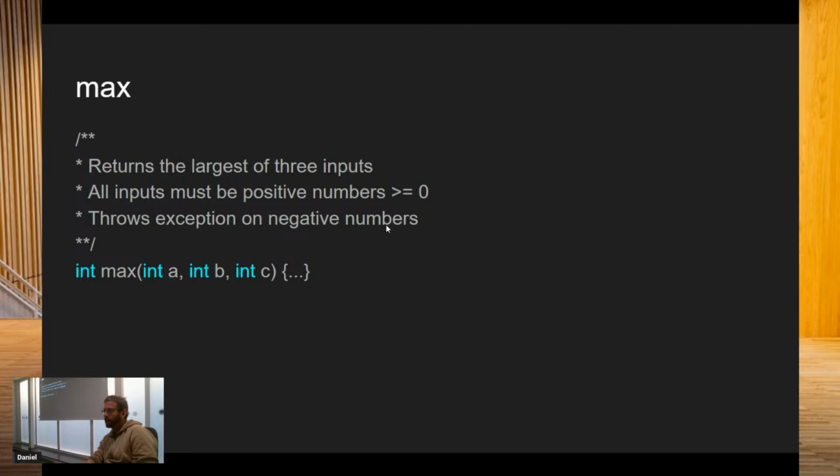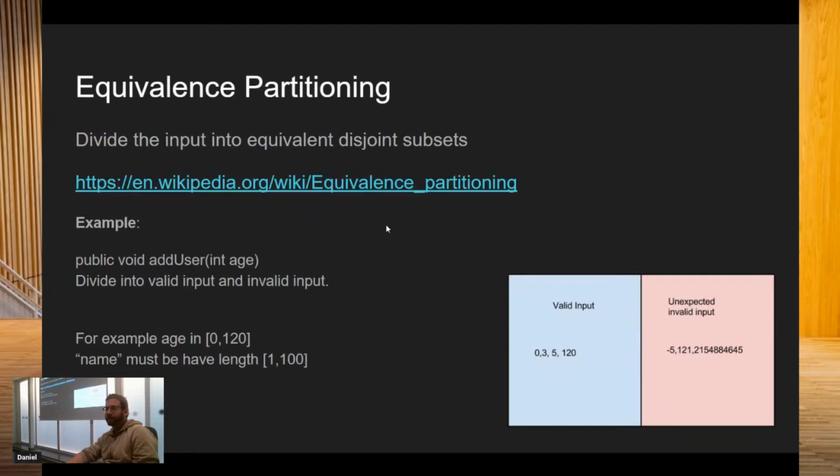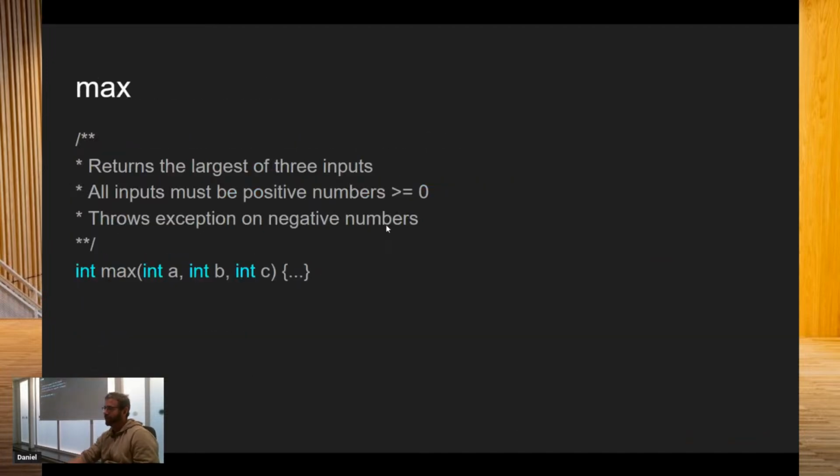So how would that be a test case for the equivalent disjoint subset, an abstract name for that subset that you're thinking about? So how can we divide this into different subsets, really? So 0, 0, 0 could be a test case, but what kind of test case, or what does it belong to?